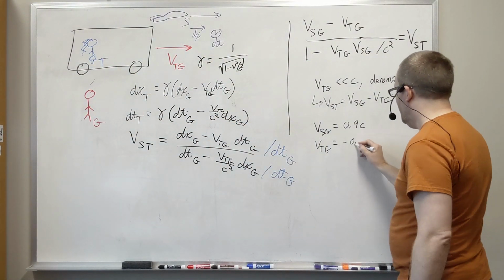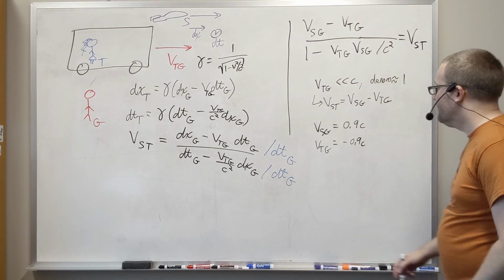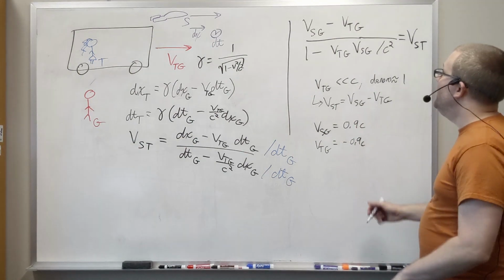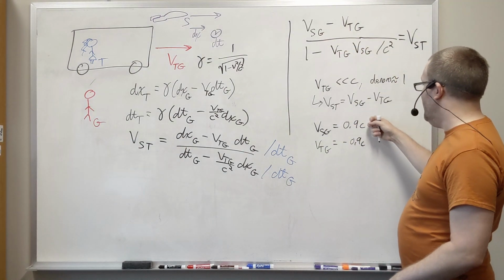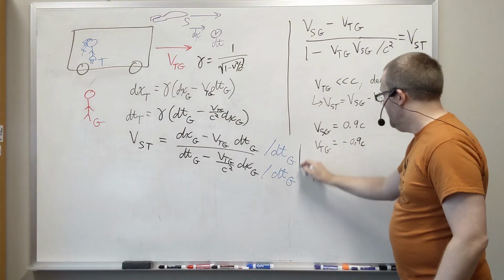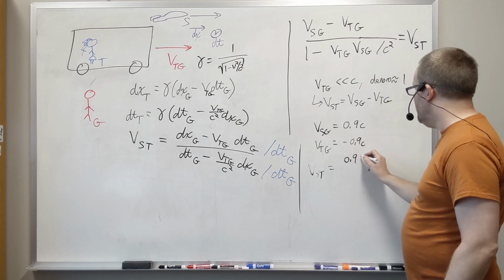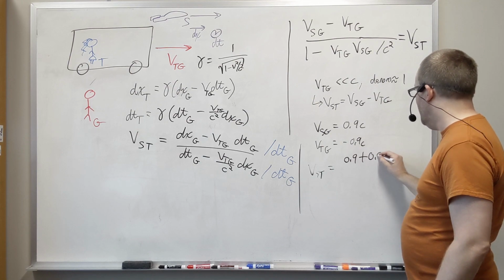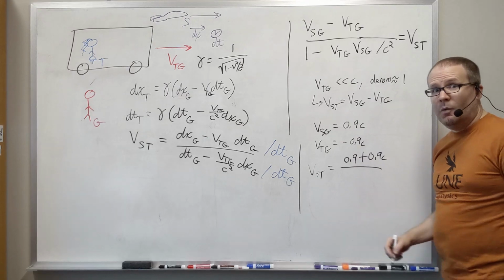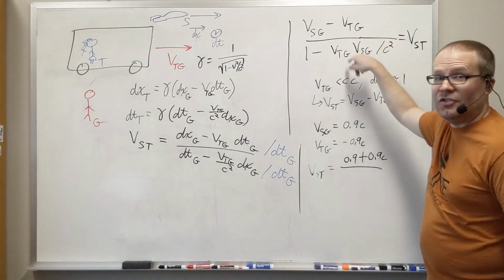So let's have a negative 0.9 c. In normal everyday experience, you would expect VST to be 0.9 c minus a negative 0.9 c. So you would expect 1.8 c, but we can't go faster than the speed of light. This is the thing that controls that.